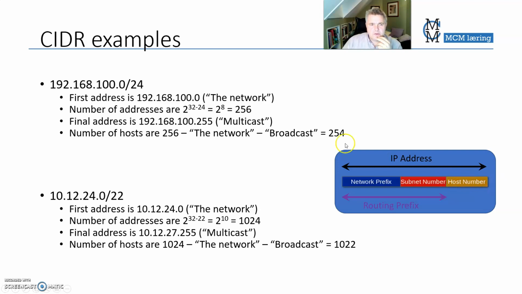So how many hosts can you have with a /24 address? Well, it's 32 bits all in all, minus 24 because that was used for the routing prefix. So you're left with 8, so 2 to the power of 8, 256. So you have 256 addresses in this yellow section. However, 2 are reserved. 1 is for the network as a whole, and 1 address is reserved for broadcast.